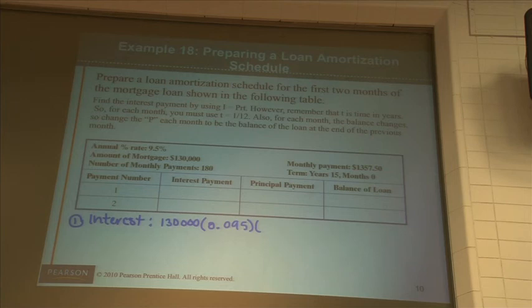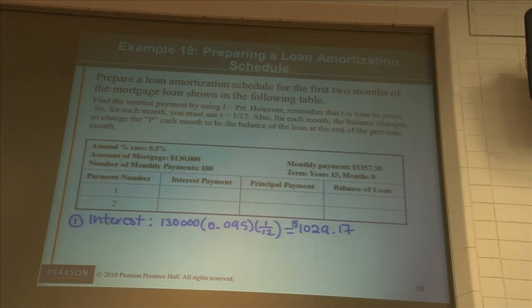This is over a year. You're paying this once a month, so 1 out of 12. So that means I've got 1029.17. All right, that's how much I'm paying in interest for this first one.